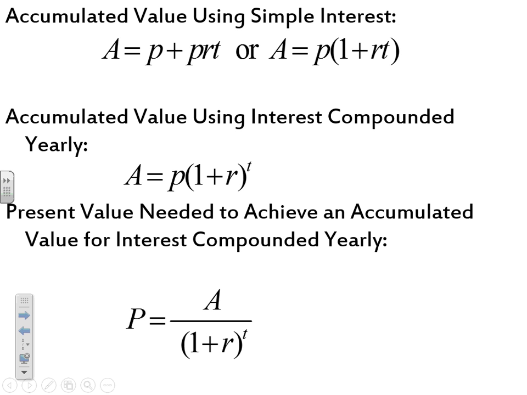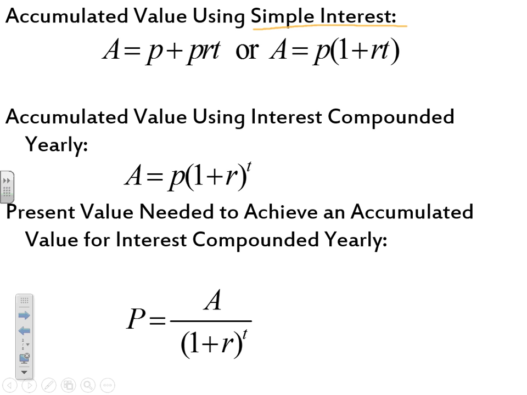Now, there's a variety of formulas that are available to us. Which formula we are going to use depends on what words are being used to describe the problem. There are certain key words that we're going to look at here. So here, accumulated value using simple interest. Simple interest would be a key word that we would look at.